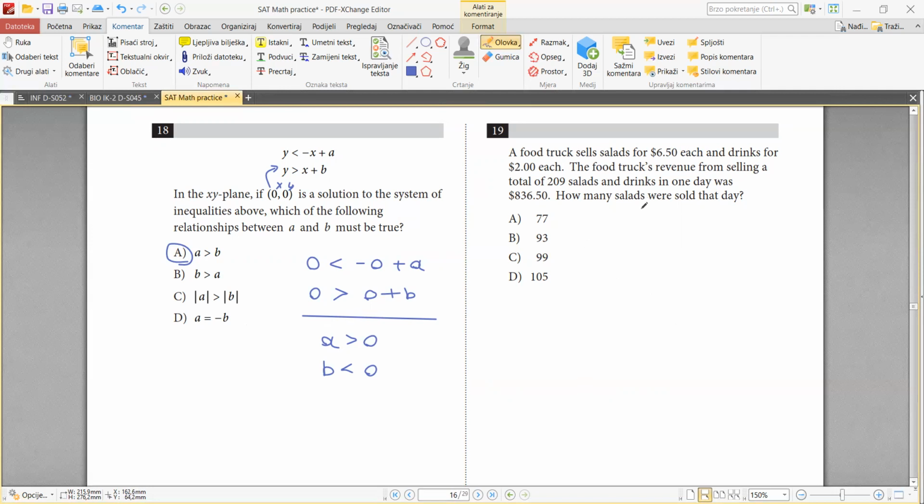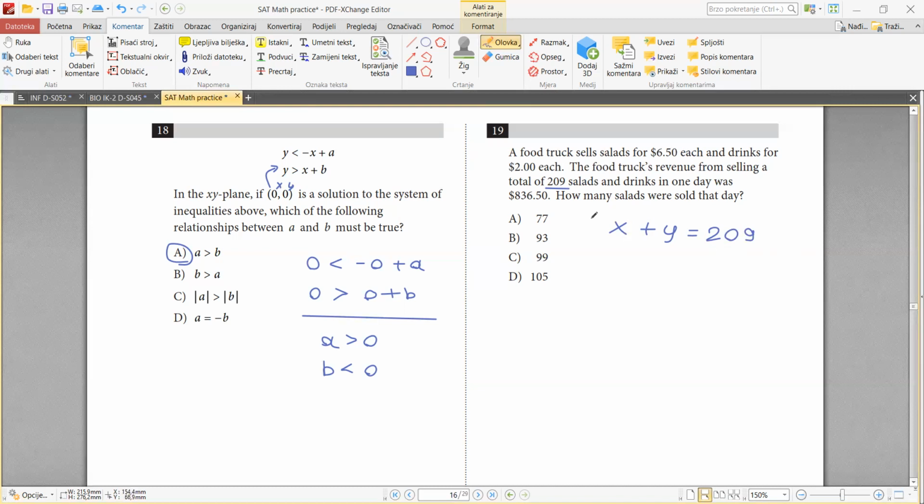How many salads were sold that day? Okay, so we have a system of two equations. First equation, x plus y equals 209.